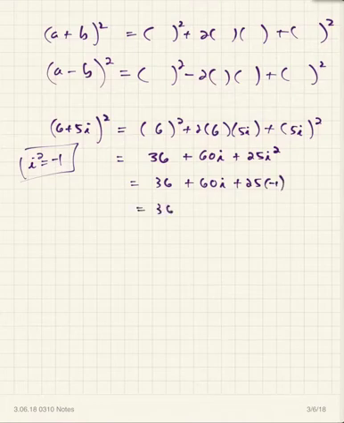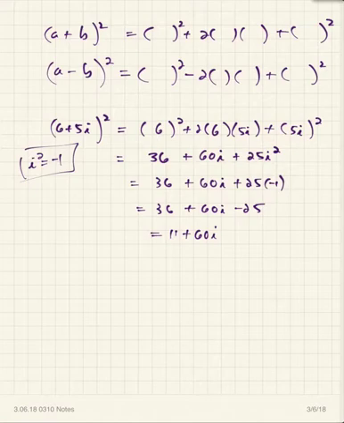So that'd be 36 plus 60i minus 25, or 11 plus 60i. Again, the only difference really in this multiplication from what we've done in the past is that you're using this definition that i squared is negative 1 inside the problem there.